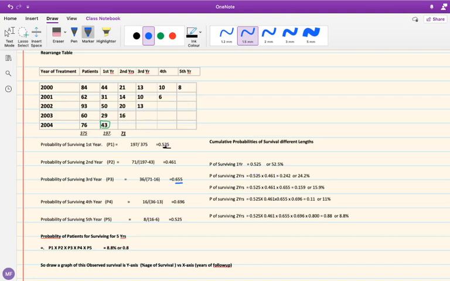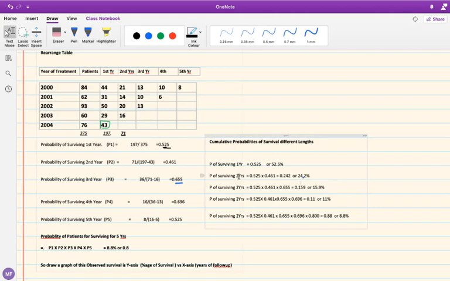P1 is this value, P2 is the given value, 0.461. We are multiplying these two together. So P1 into P2 gives 24.2%. That's the percentage value, and that's how we are calculating the values here.